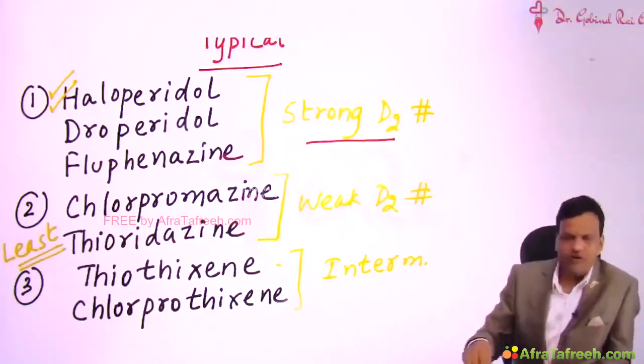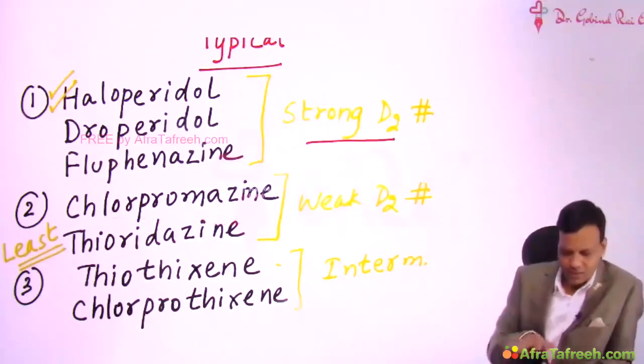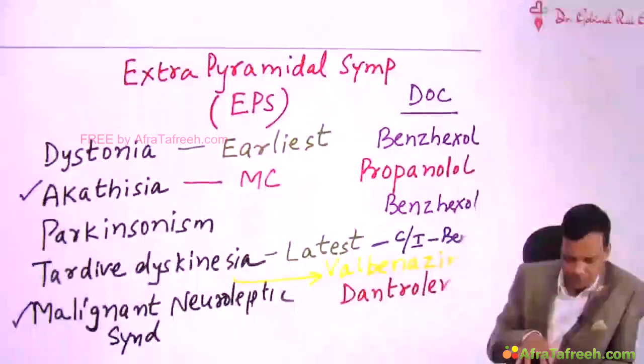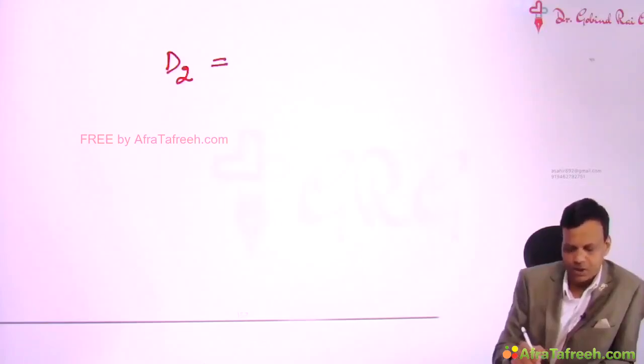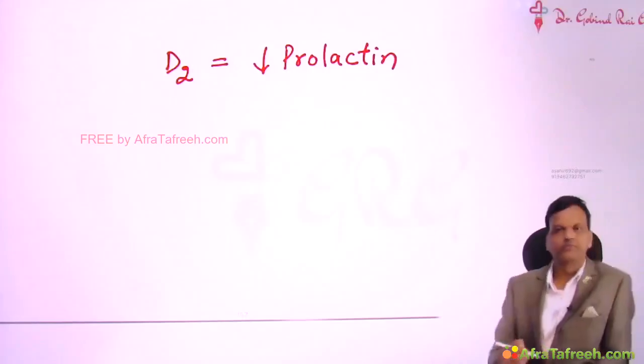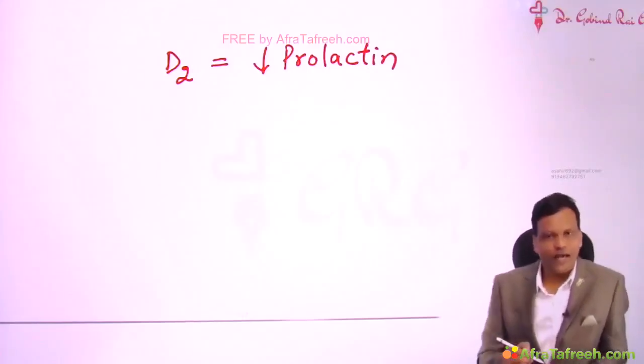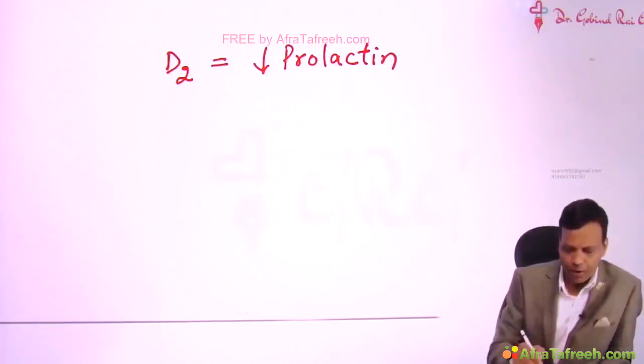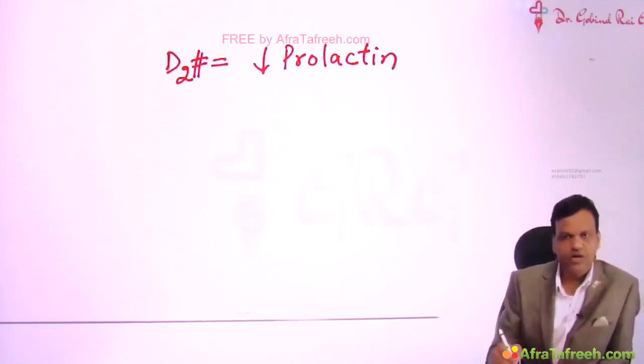Now, apart from extrapyramidal symptoms, the second important thing is, D2 receptors of dopamine in the pituitary act to decrease prolactin. The function of the D2 receptor is to decrease prolactin. So when we stimulate the D2 receptor, it will decrease prolactin. So if a drug like haloperidol acts by blocking the D2 receptor, this action will not happen.